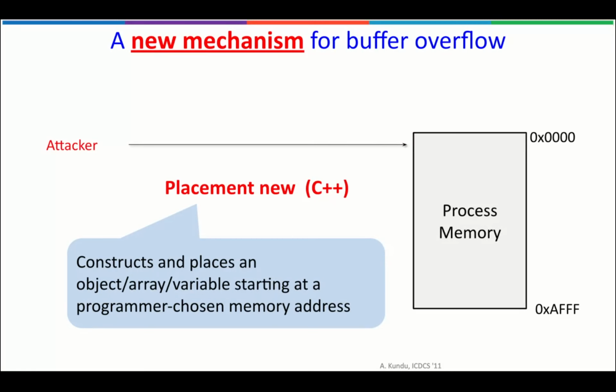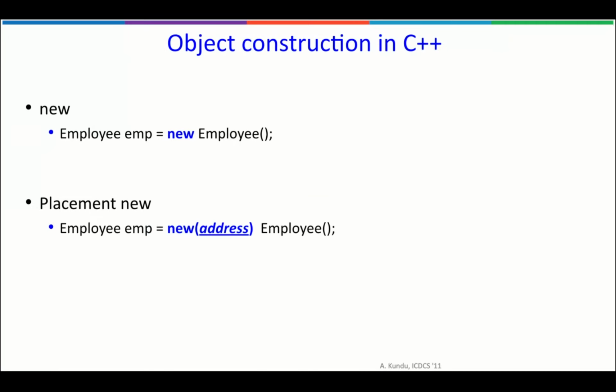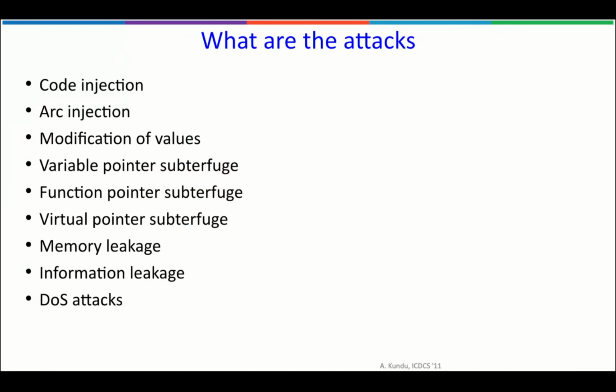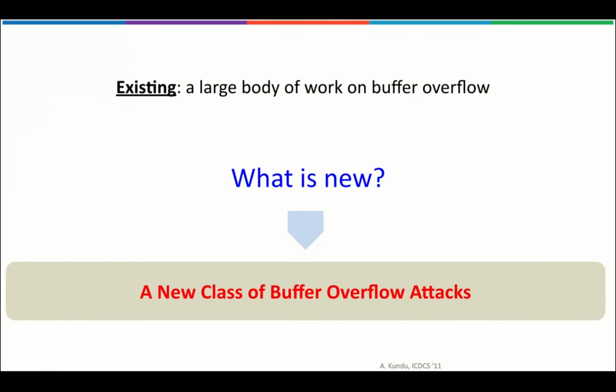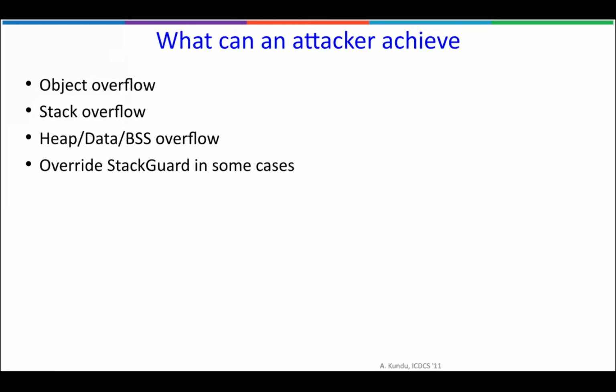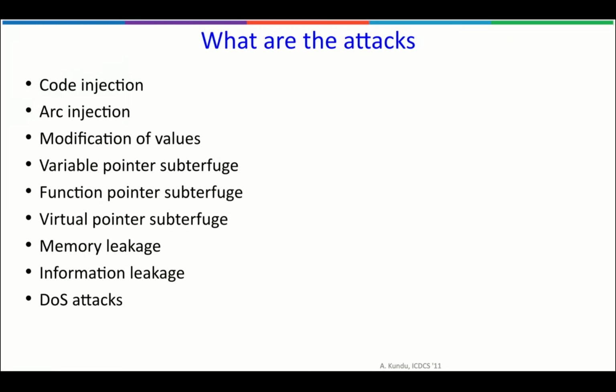Now you can exploit this construct and carry out buffer overflow attacks and object overflow attacks. You can carry out all the attacks I mentioned, about 13 or 14 different types of attacks, by exploiting the placement new vulnerability in C++.